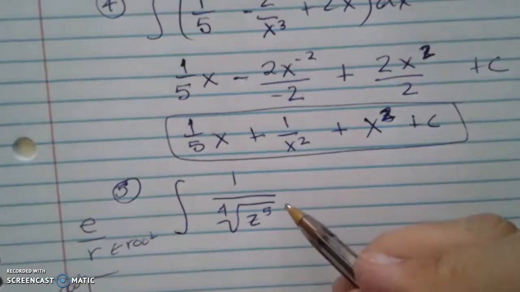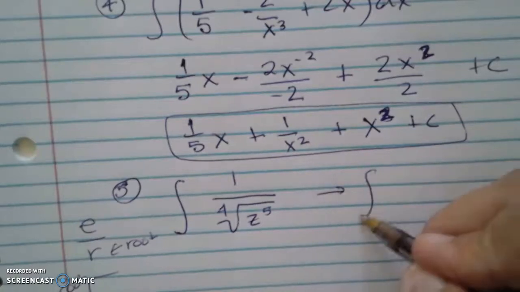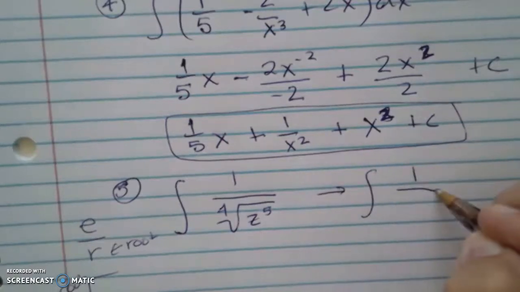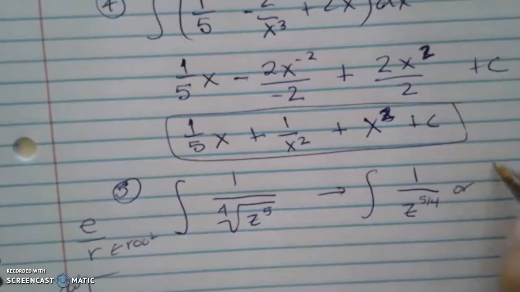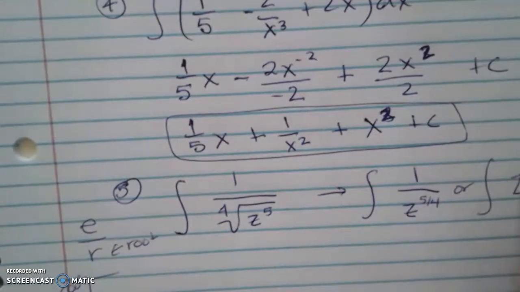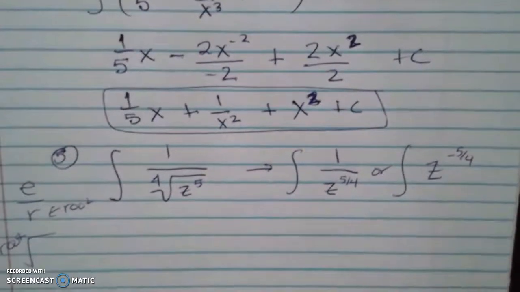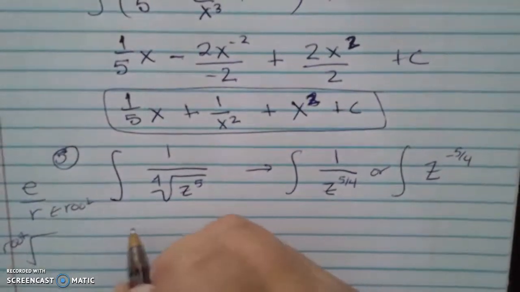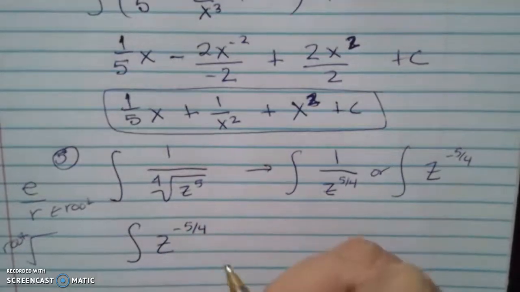So when you simplify this it actually becomes 1 over z to the 5/4, or the integral of z to the negative 5/4. Or z to the negative 5/4. So if I want to just simplify it, I'll just write it over here, z to the negative 5/4.